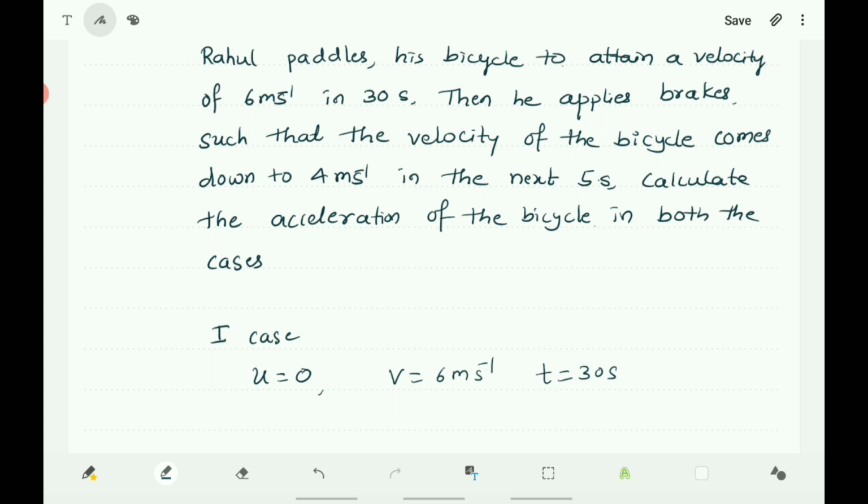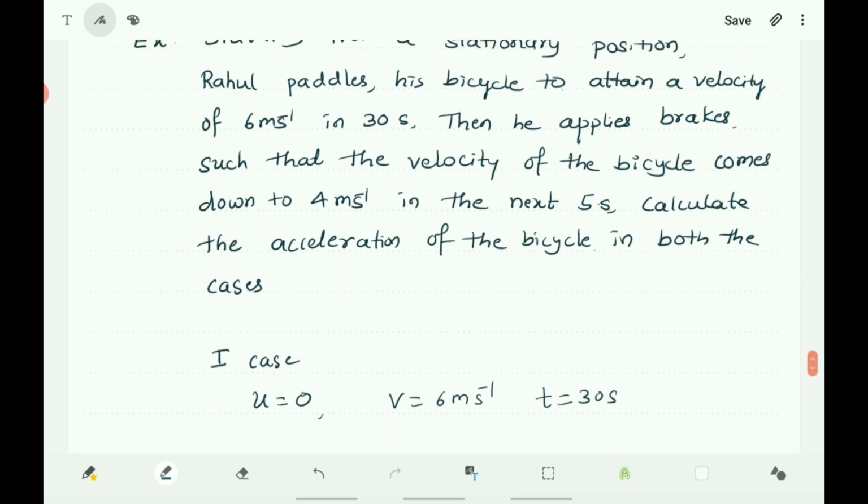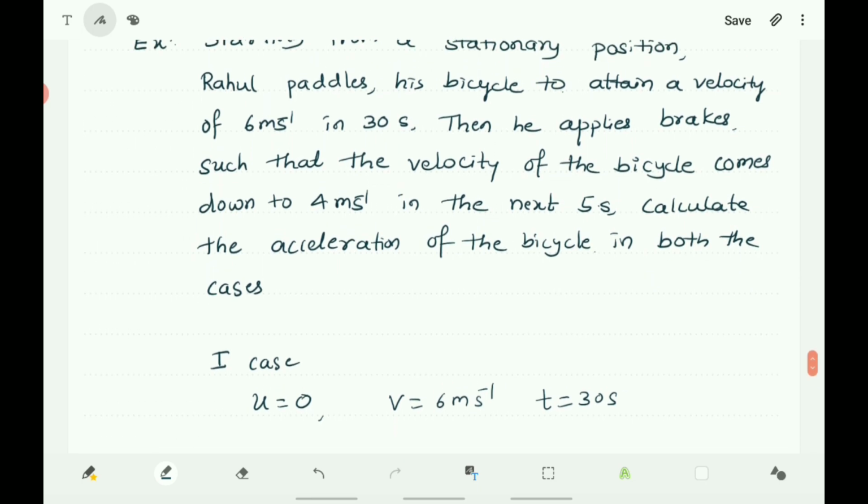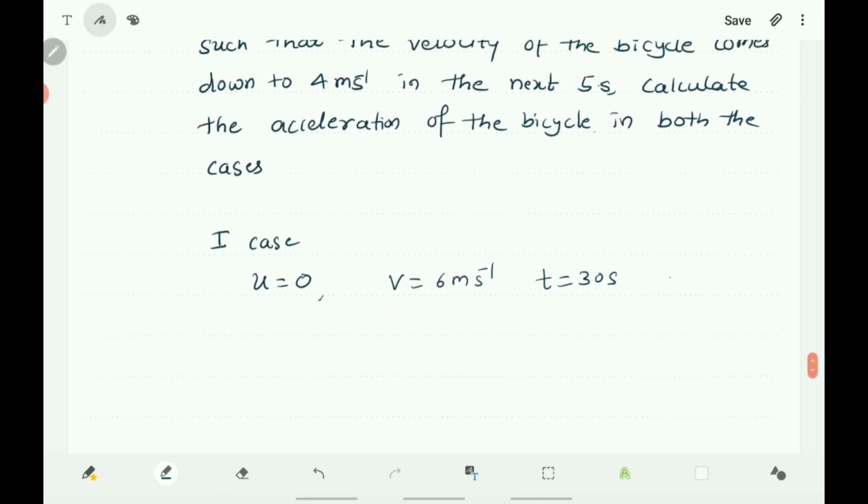Here the cycle was at rest and it reaches the velocity of 6 meter per second after 30 seconds. Here the question is, what is the acceleration? So you write a is equal to question mark. A means acceleration.